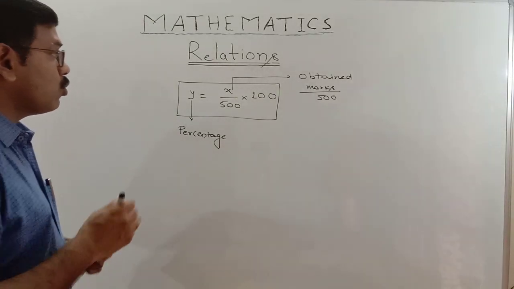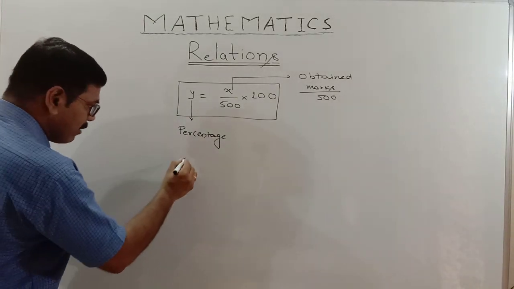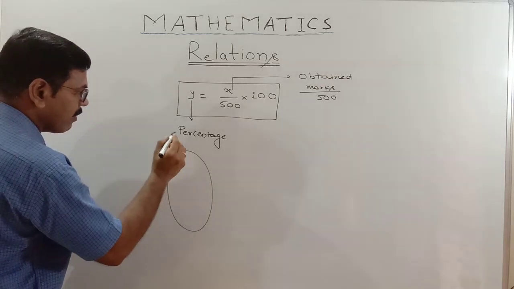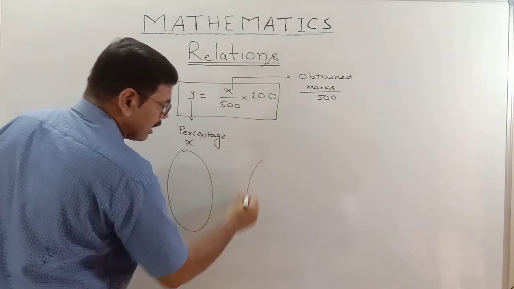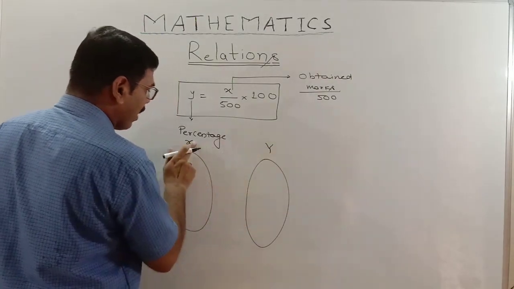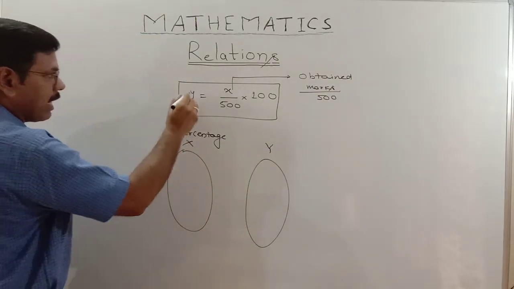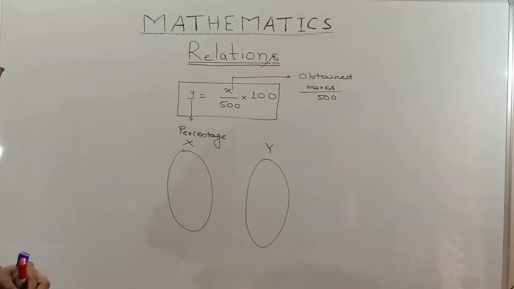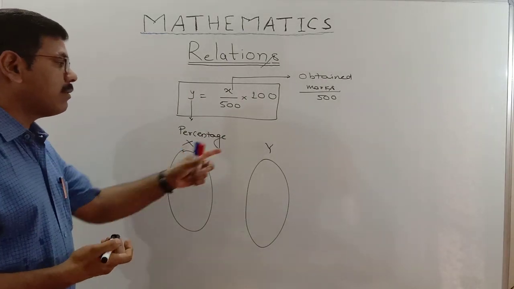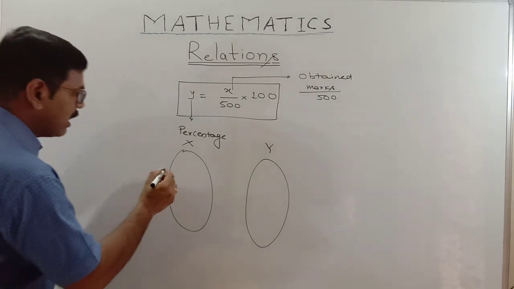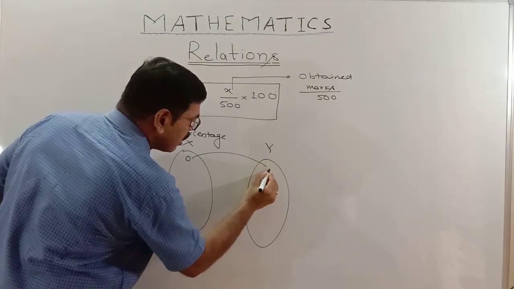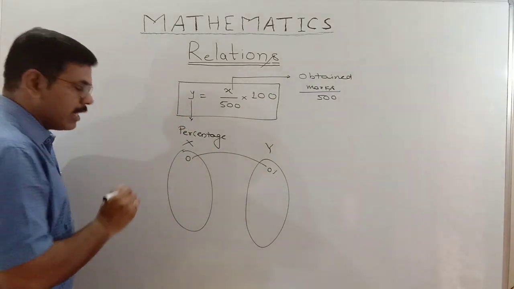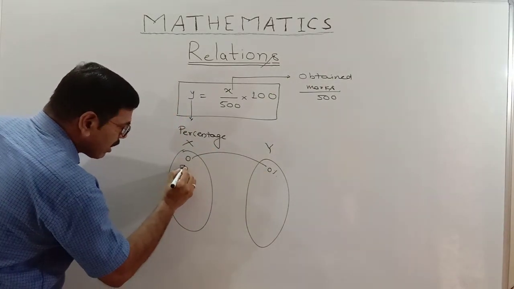Okay, now you may see that here, suppose we are having some x and here we are having some y, the set of x represented by capital X, the set of y represented by capital Y. You can see that here 0 marks are related to 0%. Here suppose 50 marks we are talking about.